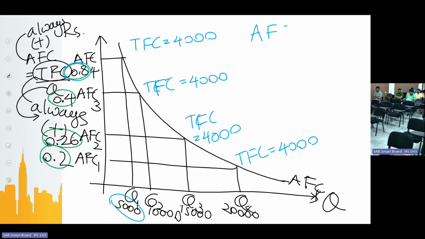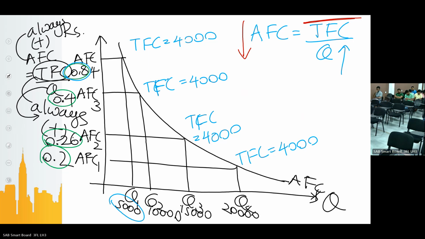AFC is TFC divided by Q. TFC remains unchanged, but Q continuously increases.